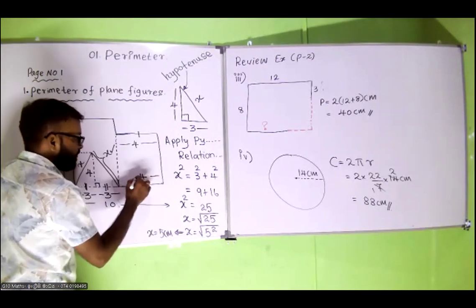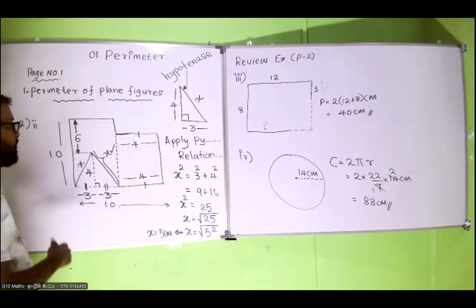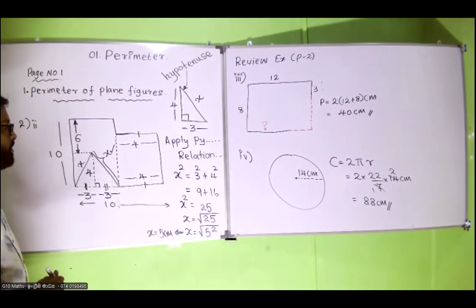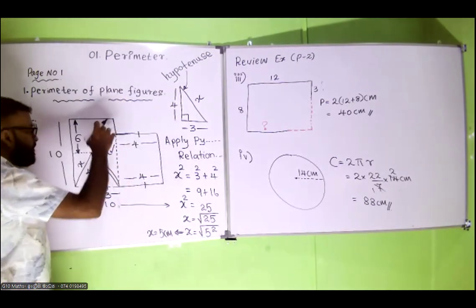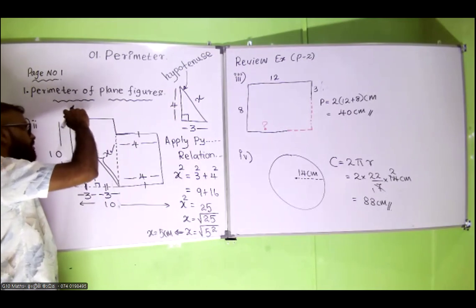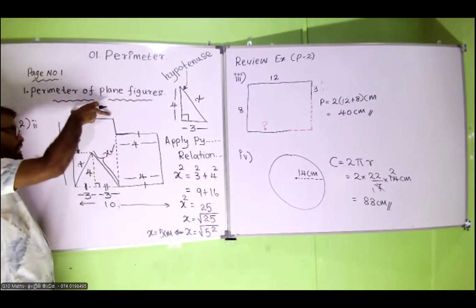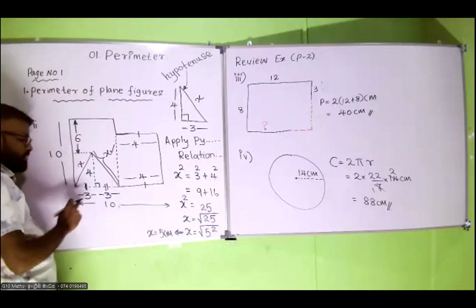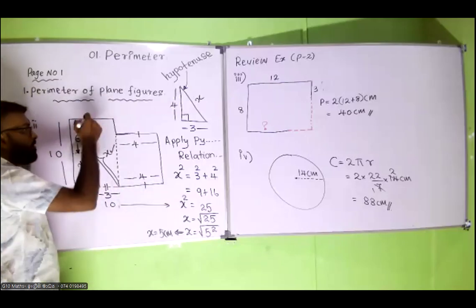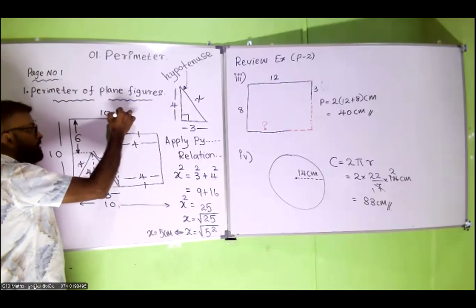Now this is completed, and you have found earlier this is 4. You can find the perimeter of this figure. But when it comes to this side, do you need to find this length? No need, because this total length is 10.